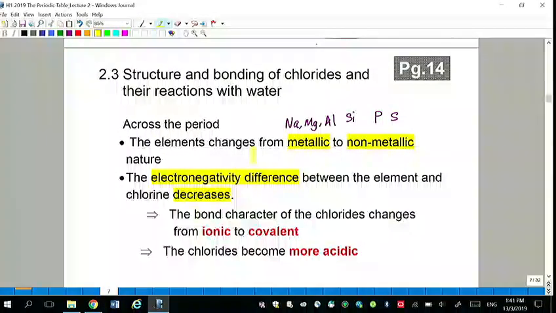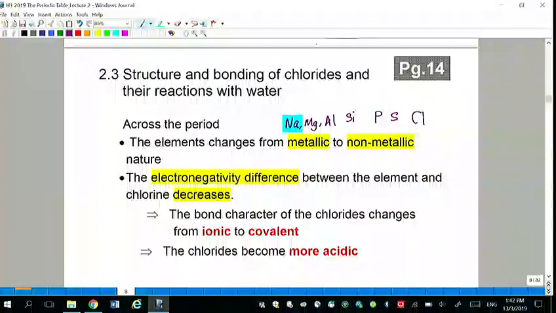When the period 3 elements form a bond with chlorine to form the chloride, I need to first compare the electronegativity. Taking sodium for example, it forms a bond with chlorine.